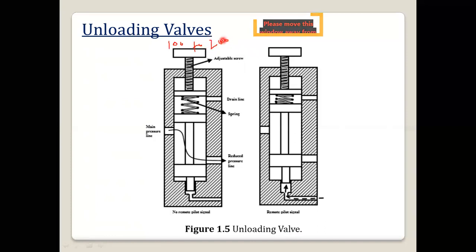Okay, so in this way it will have the operating range of this unloading valve. In between we can set the adjusting screw. Then we have the main pressure line. And next is the drain line.